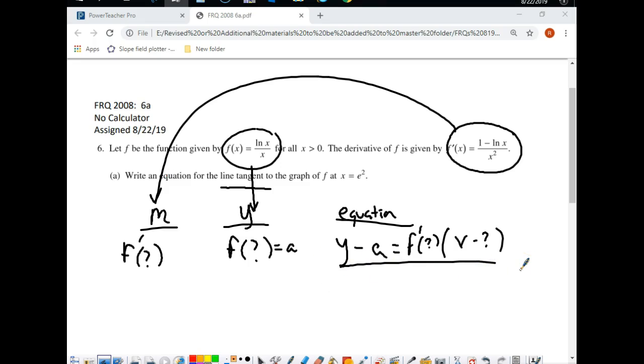Now, the other thing that's hard is that they're asking you to plug in a really weird looking thing into something else that's really weird. And so we kind of need to review a little bit of our rules about logarithms and natural logs here.